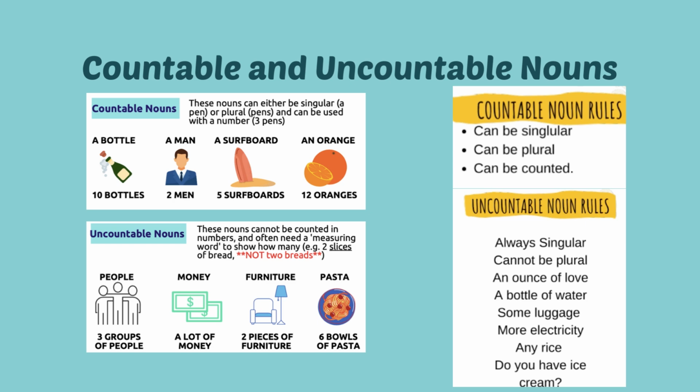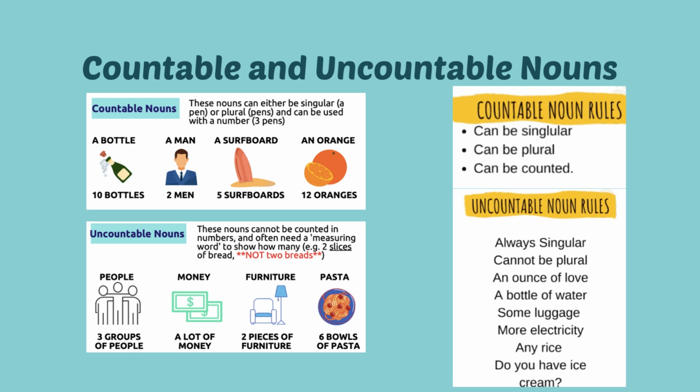So, on their own, uncountable nouns cannot be plural and cannot be represented with numbers. But if you add a measuring word in front of them, then yes, you can count with a measuring word. 2 pieces of furniture, a lot of money, 3 groups of people, 6 bowls of pasta.